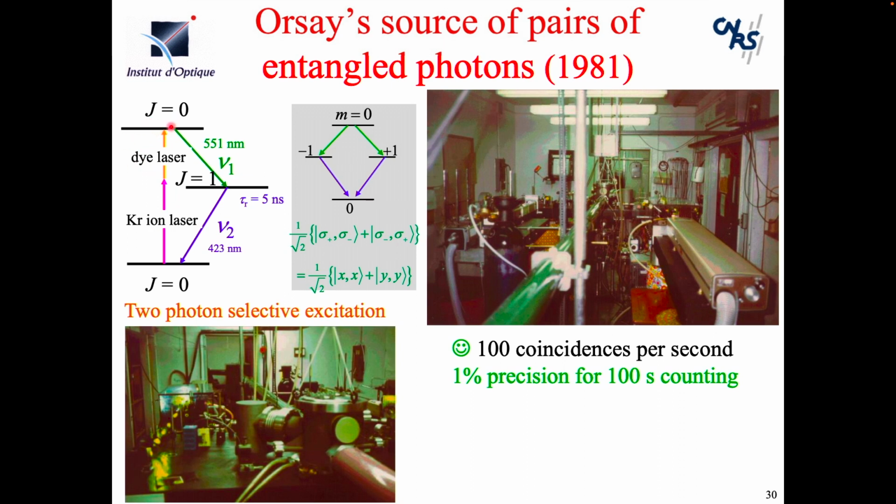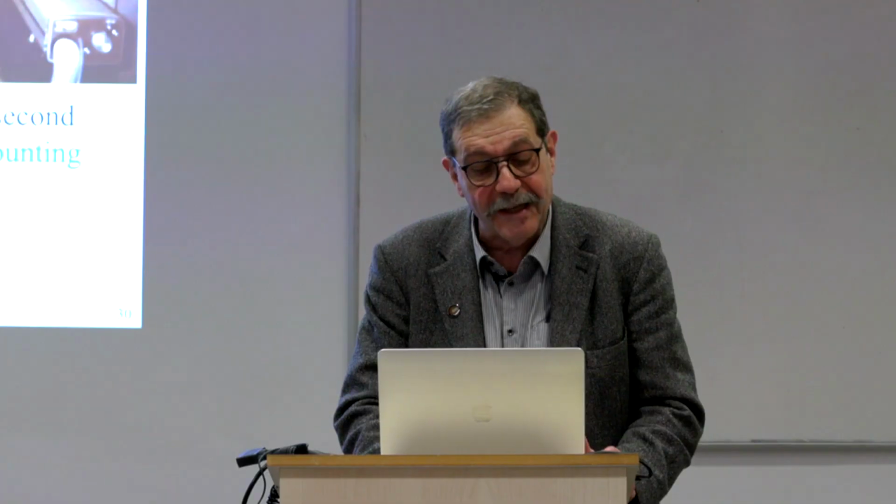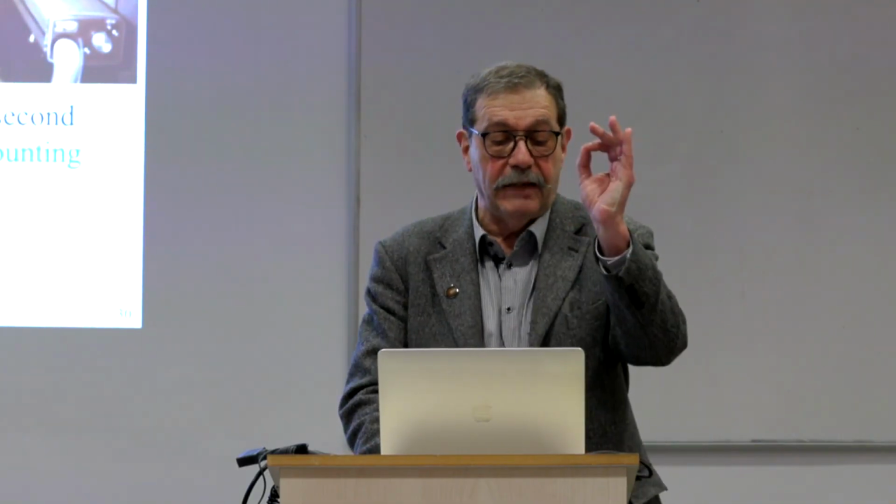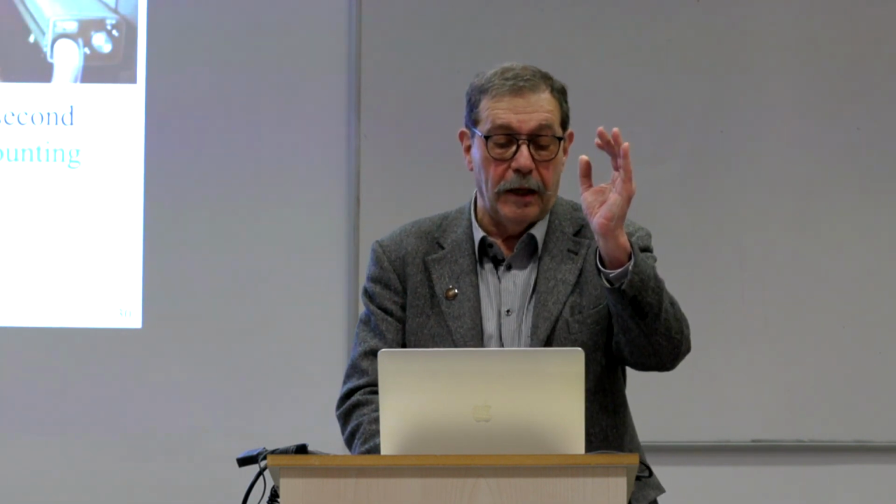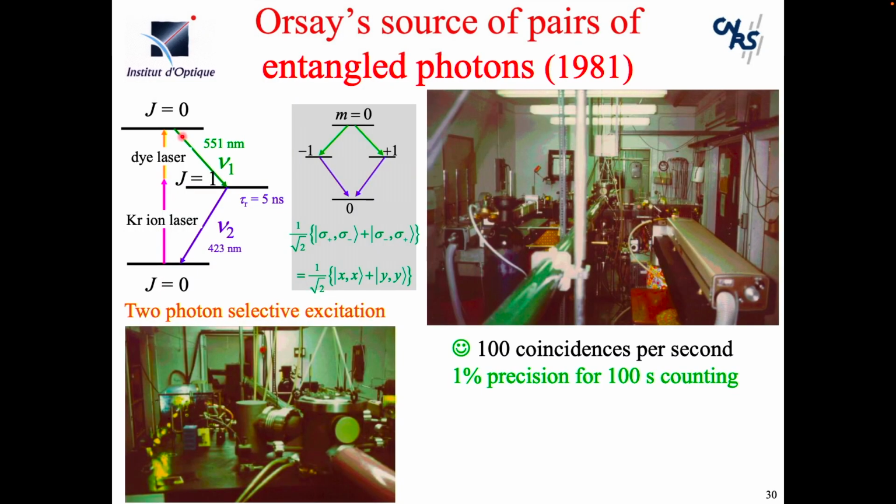So I could apply this concept of 2-photon excitation to excite directly that state, selective excitation, and when the atom is here, it has no choice. The only thing the atom can do is to send the 2 photons which are here.